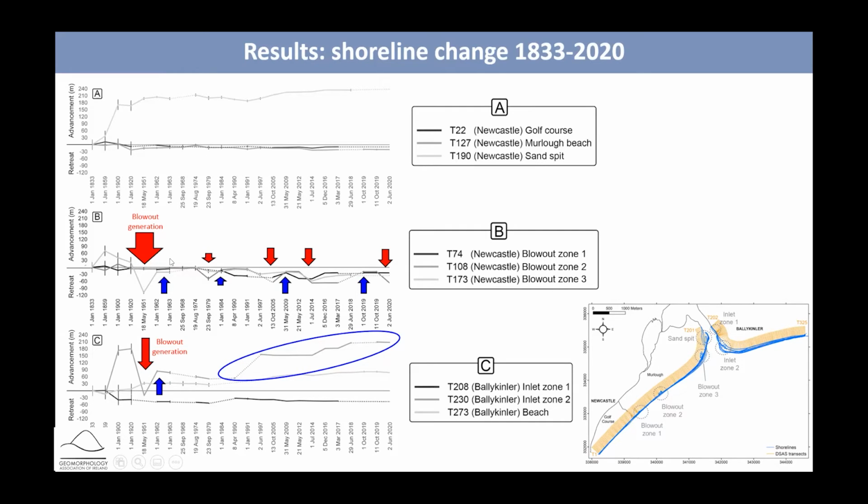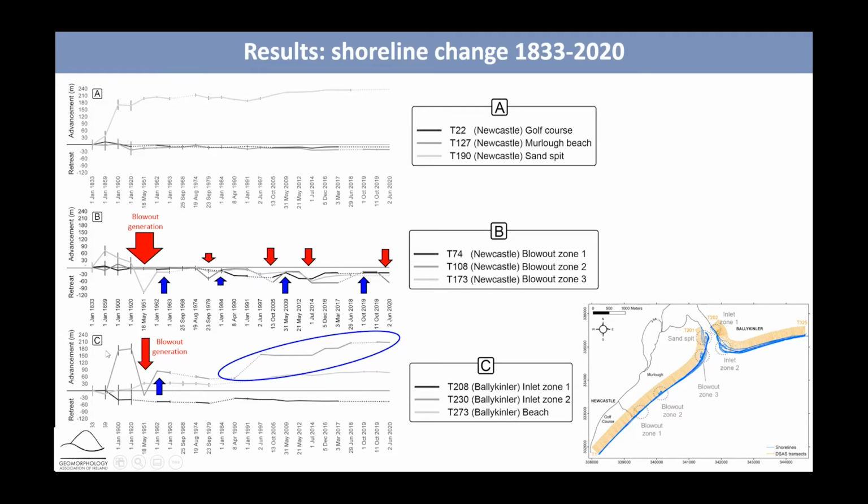What is very clear is the generation and the recovery, and then also the reactivation of these blowouts. You can see the 3 lines that are representing the 3 blowout zones. After the first generation, a blowout can recover, be reactivated, and recover multiple times.